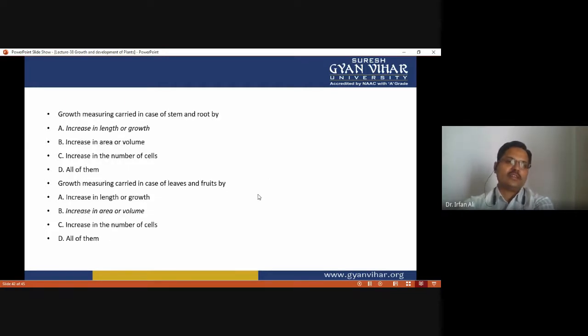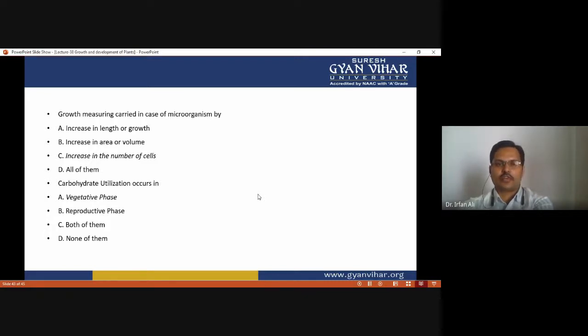Growth measuring in the case of stem and root is done by measuring increase in length or height, and in the case of leaves and fruit by measuring increase in area or volume. In the case of microorganisms, it is done by counting the number of cells.